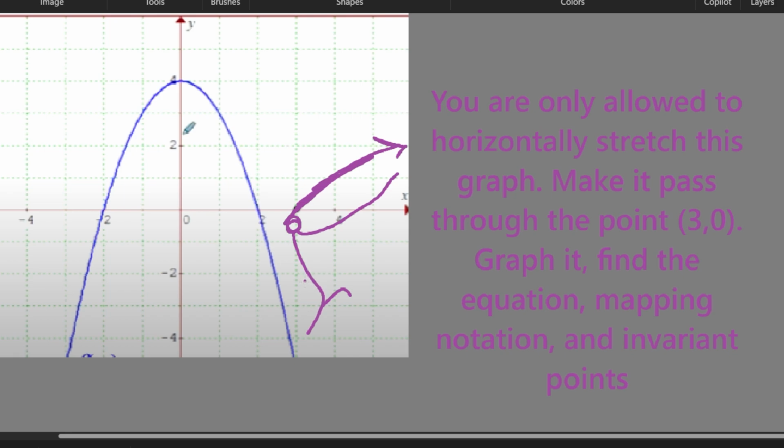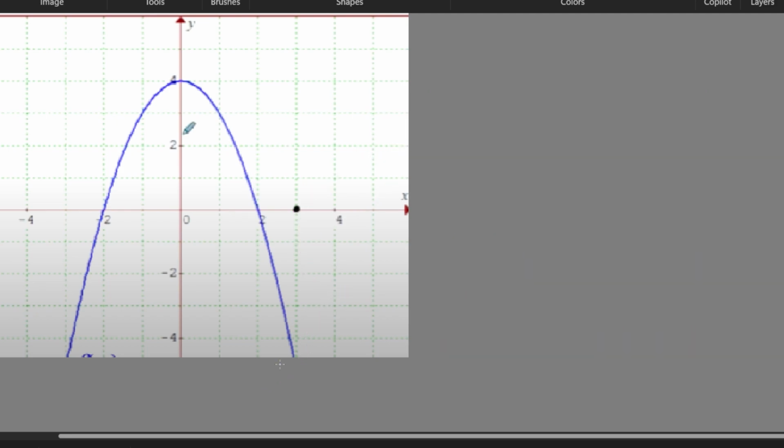So you can pause here, solve this by yourself, but here's where we should begin. To start off, we can see that this graph is obviously -x squared plus 4, and y is equal to f of the horizontal stretch.